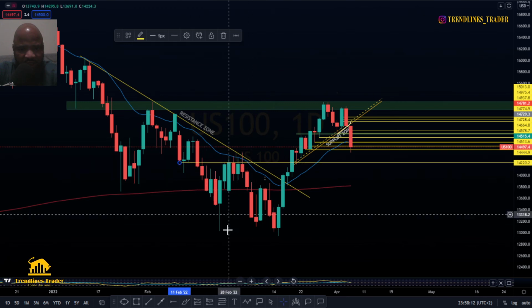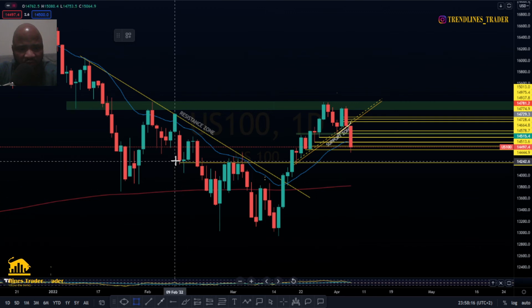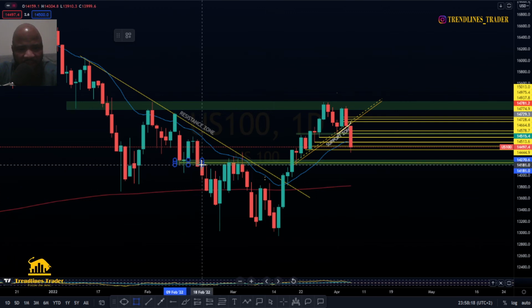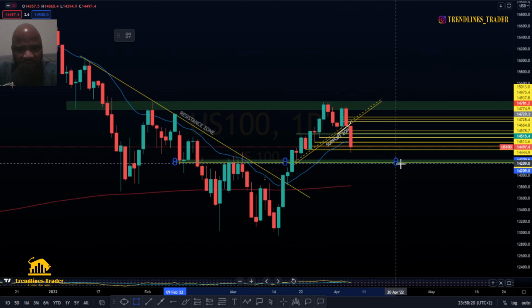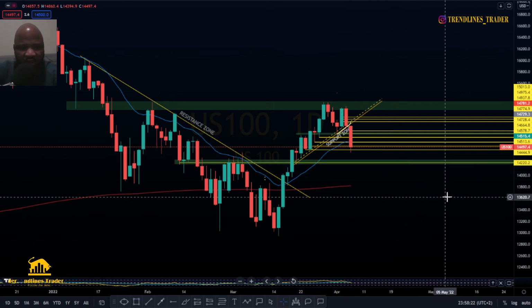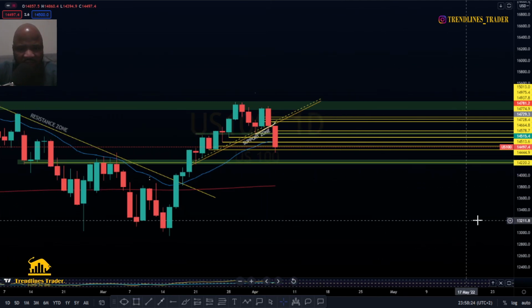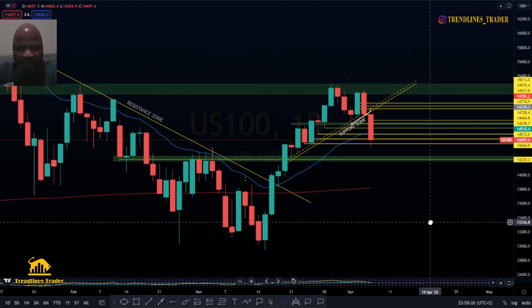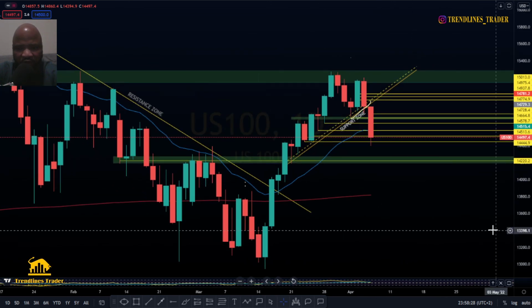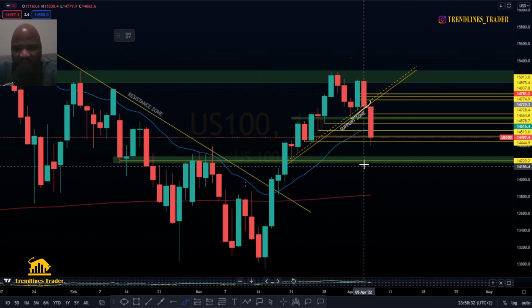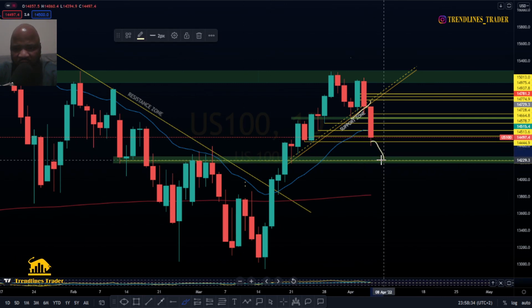The reason I'm saying the price might respect this area is that this area right here seems very significant for us to say tomorrow we might see our market push towards this level right here.